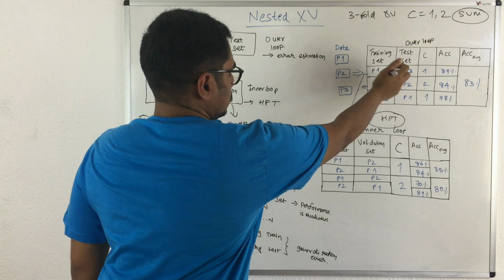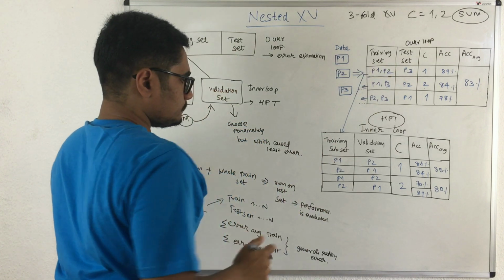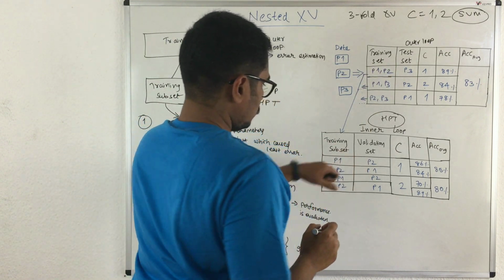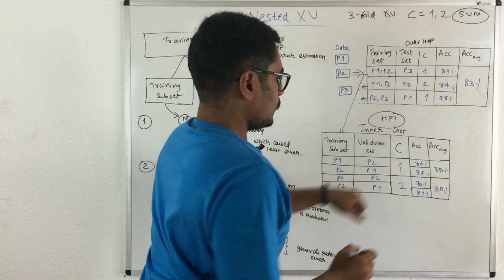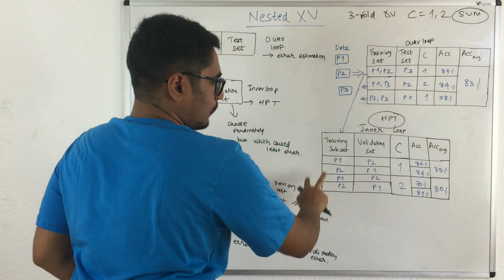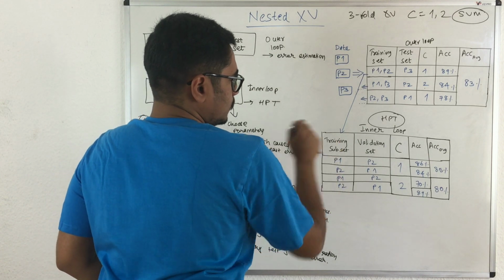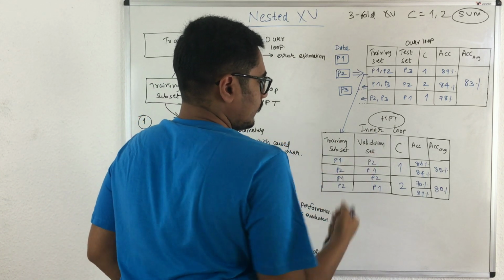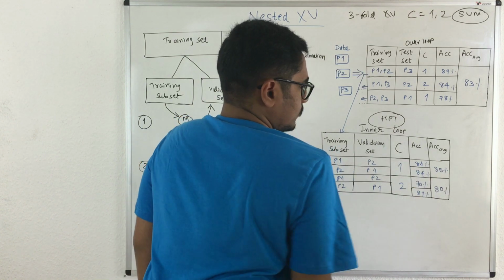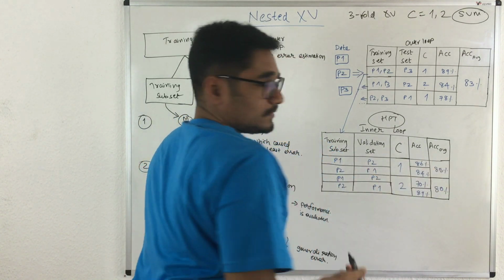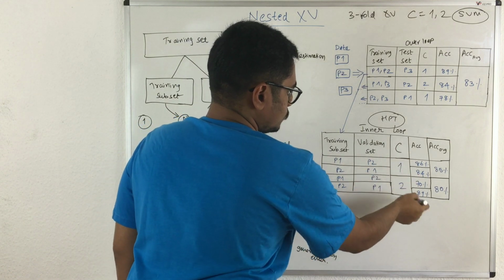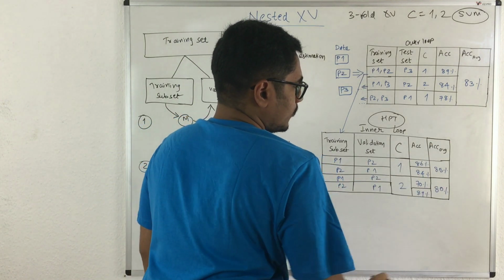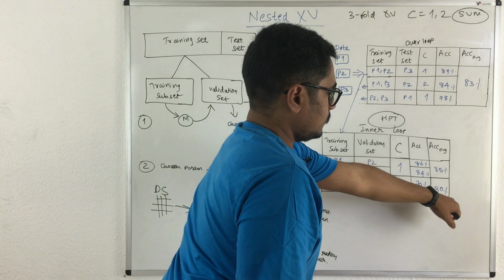Now when you consider this part, you have only the training data. So in the training subset you have P1 and in the validation set you have P2, for parameter 1. Then we just swap these: P2 goes into training and P1 goes into the validation set. Their accuracies are computed and the average accuracy is recorded. Similarly, you have the same combination with C as 2, its accuracy is recorded and the average accuracy is seen.